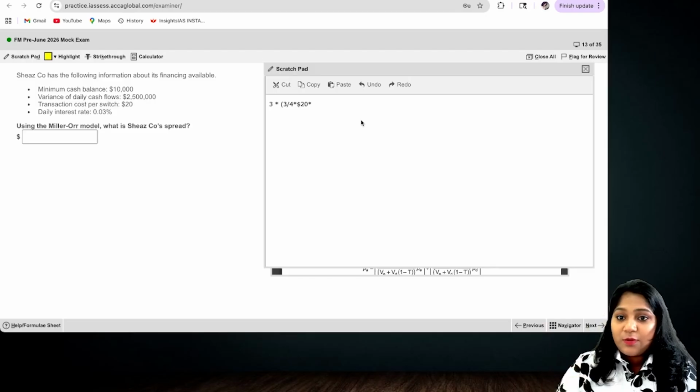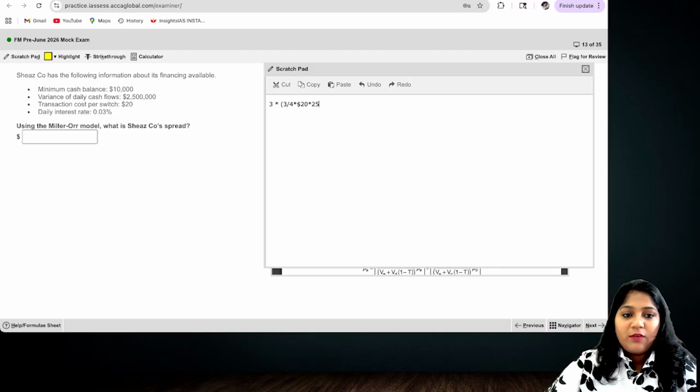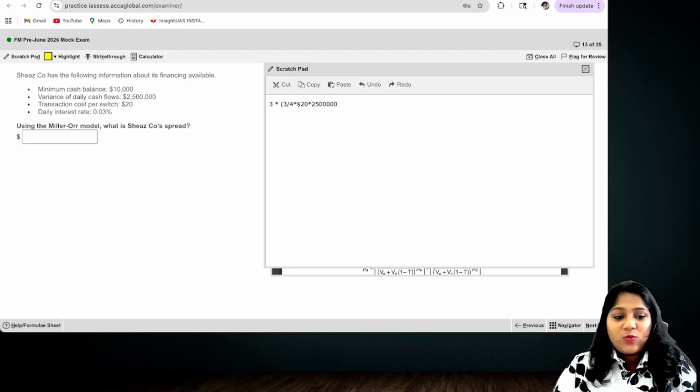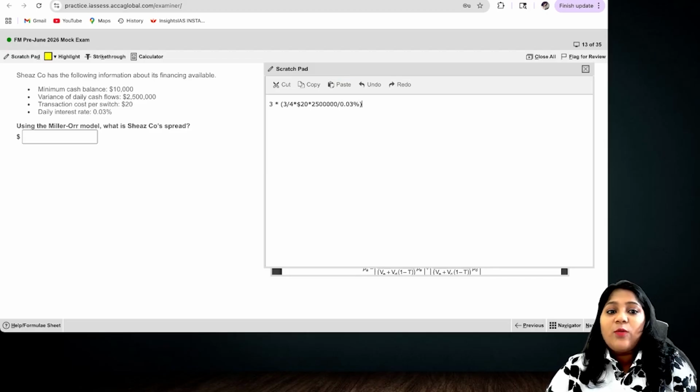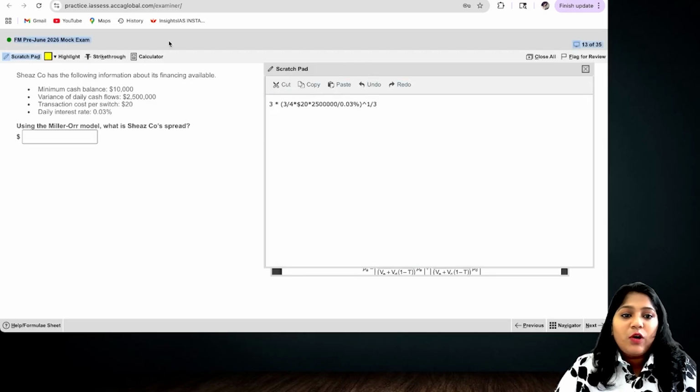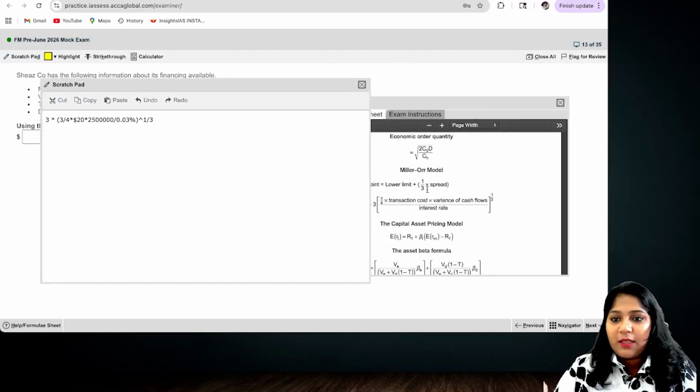So variance of cash flows will be somewhere around 2.5 million. Guys, take the whole value because the question is in dollars. Whatever you get, divided by daily interest, that is 0.03%, and whatever answer you get, you raise it to 1 by 3. This is the formula, isn't it? If you guys can go ahead and check, this is the formula that we are talking about here.